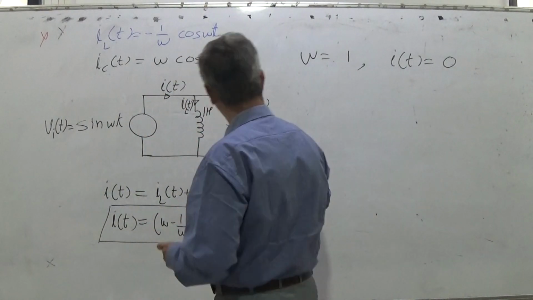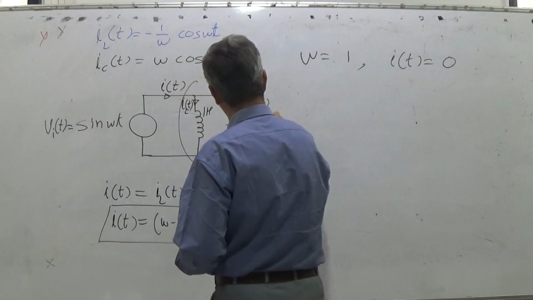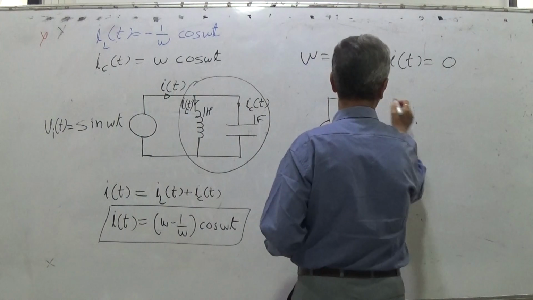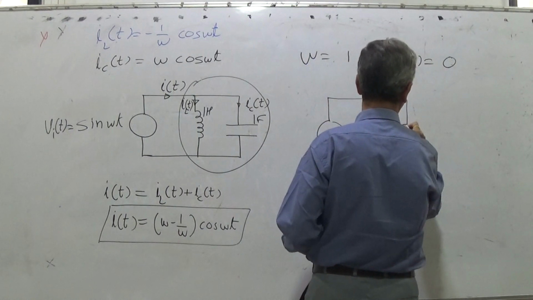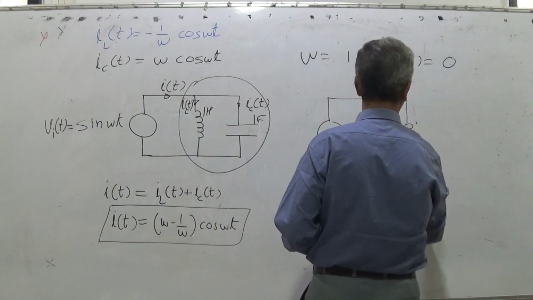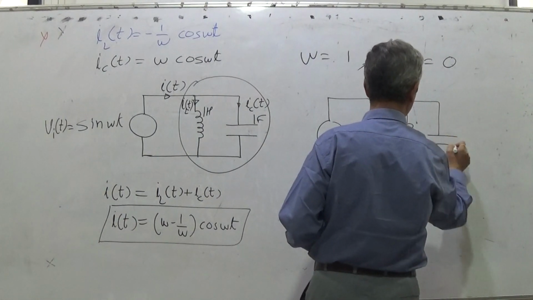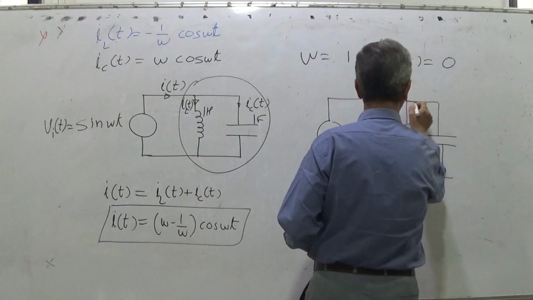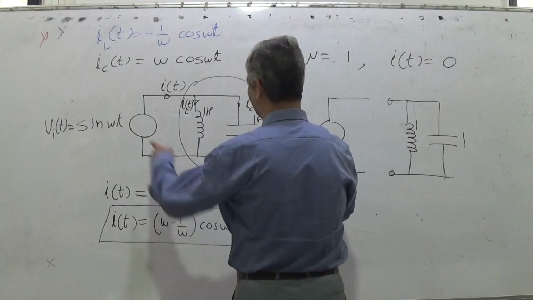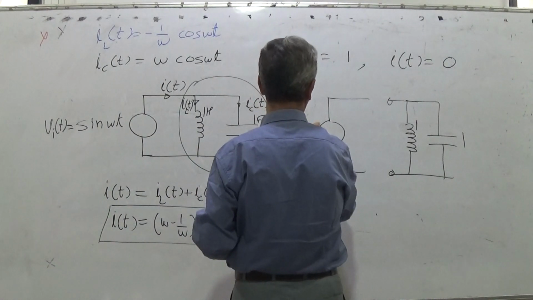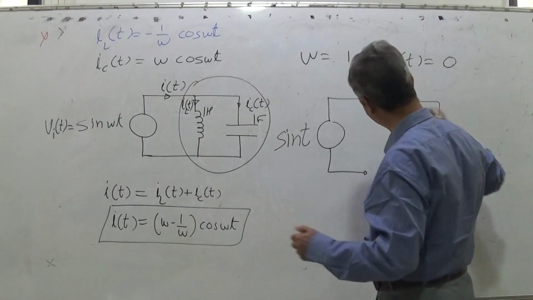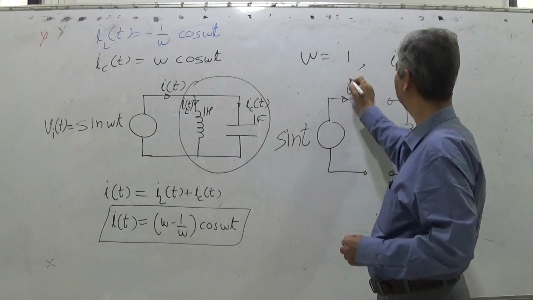If I have a parallel combination as a load and apply sin t here, the current would be 0.